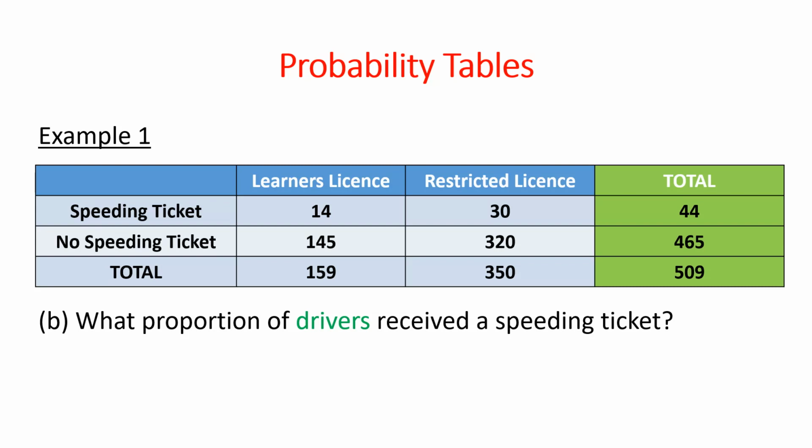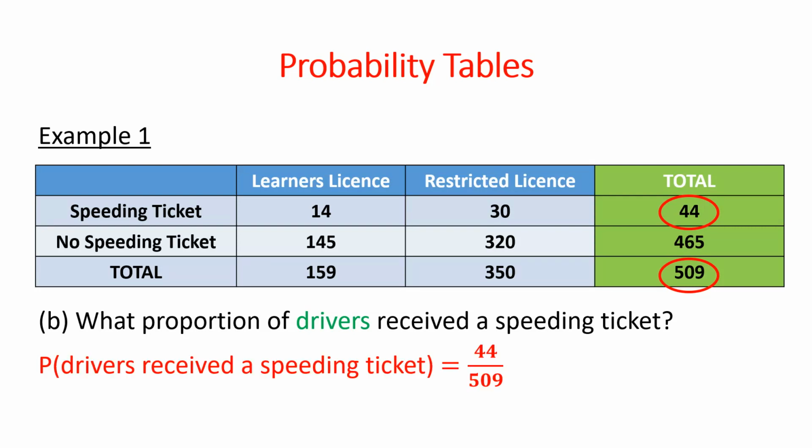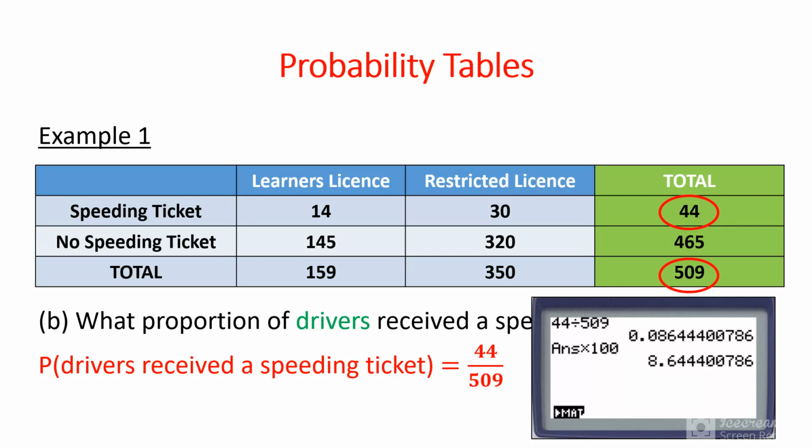So what proportion received a speeding ticket? Well, you can see 44 out of the 509 got a speeding ticket. So we could say the probability that drivers received a speeding ticket is 44 out of 509. And again, if you felt like converting it to a decimal or a percentage, you could. But again, because of rounding, I'm going to keep it as a fraction.